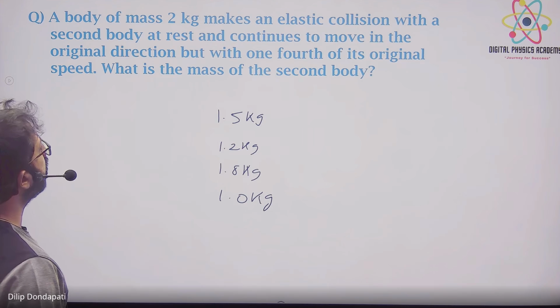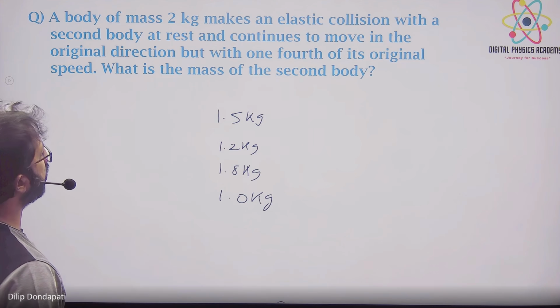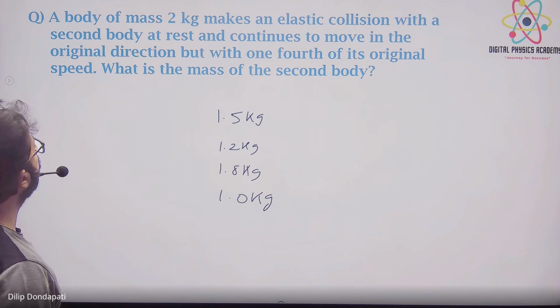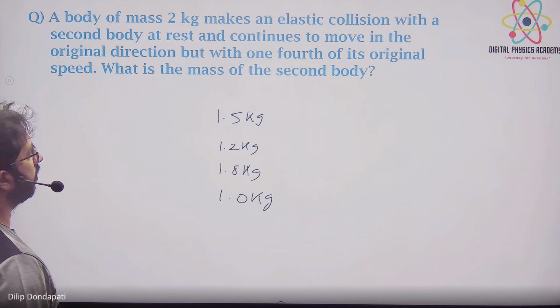So they said that it continues to move with 1/4 of its original speed. That's for the 2 kg mass, right? The 2 kg mass has an elastic collision with the second body at rest and continues to move in the original direction, but with one fourth of the original speed after collision. We have to find the mass of the second body.